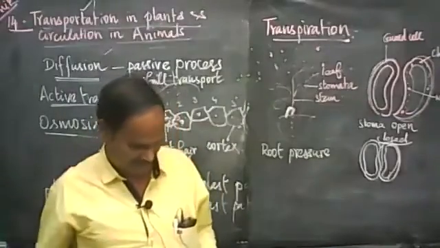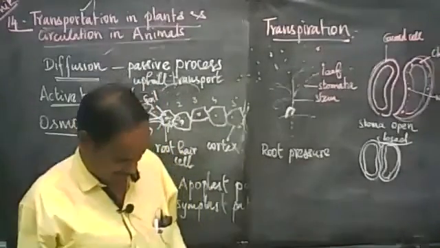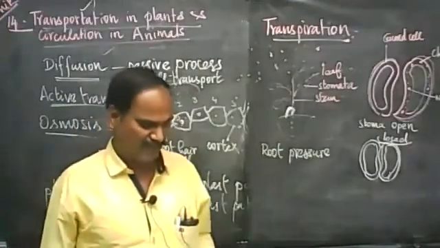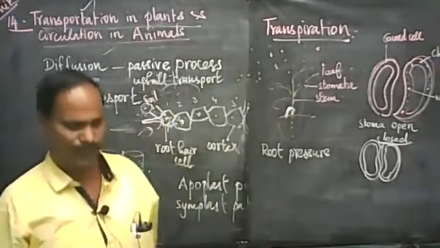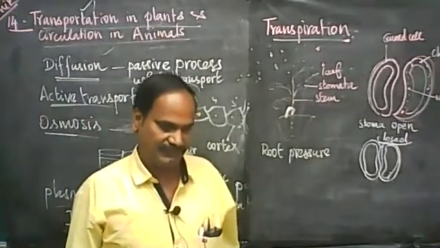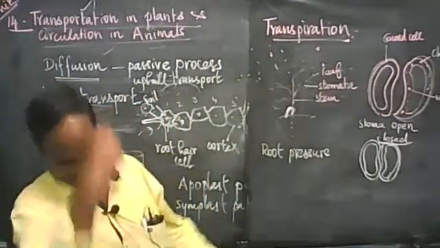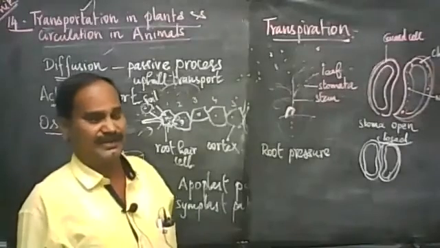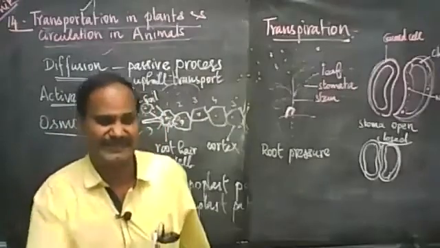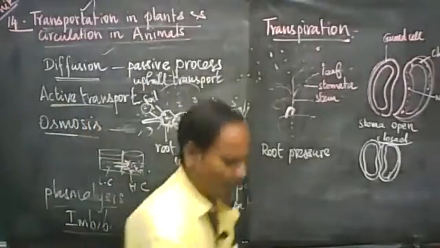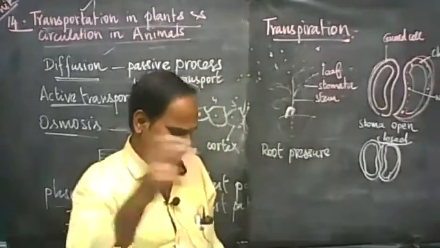Uptake of minerals. So here uptake of minerals takes place by means of two factors. So the plant depends on minerals from the soil for its nutrition, micronutrients and macronutrients. The soil contains an enormous amount of nutrients. Nutrients enter into the plant body along with water, and these nutrients are absorbed by the root.